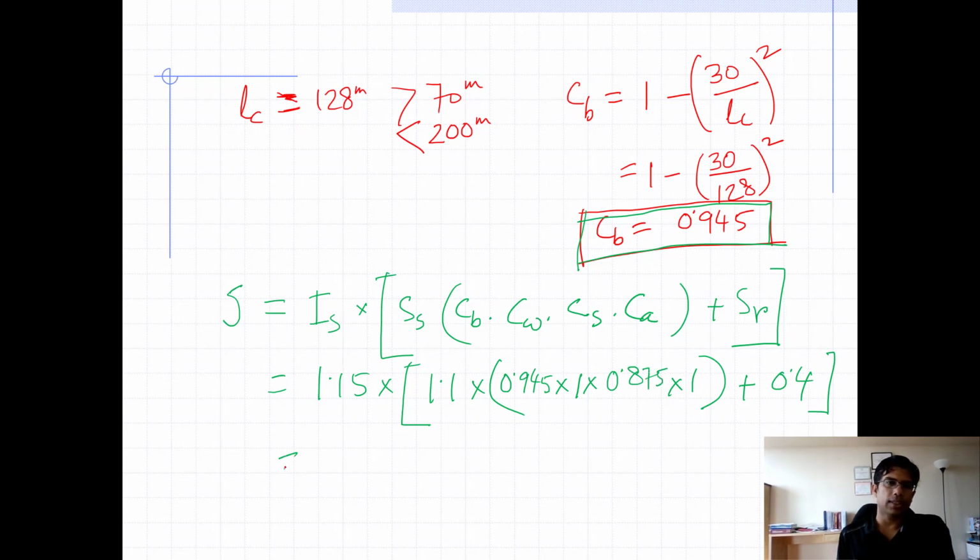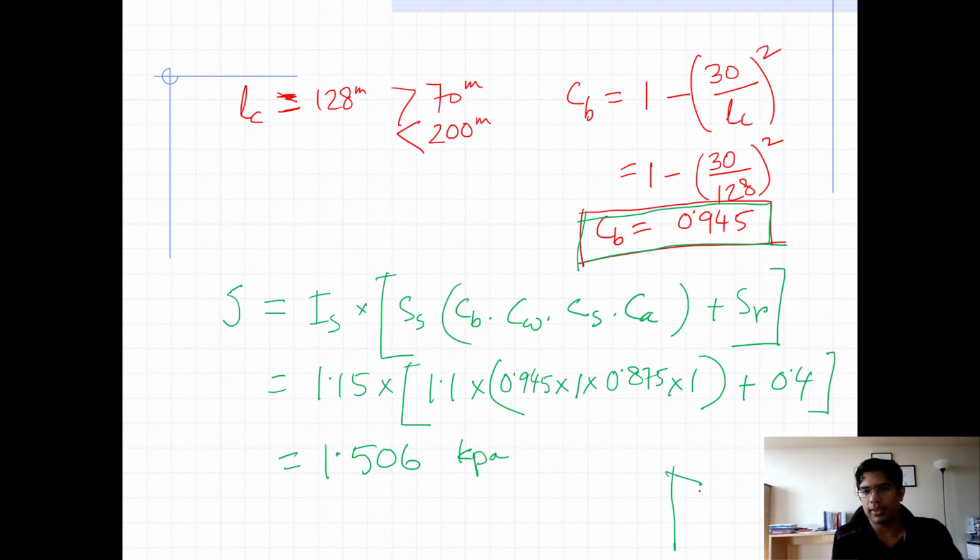So then we can calculate the snow load S equals 1.506 kPa, kilopascal. So this is on area. Kilopascal is kilonewton per meter square. So this will be a uniformly distributed load over the surface of the building.